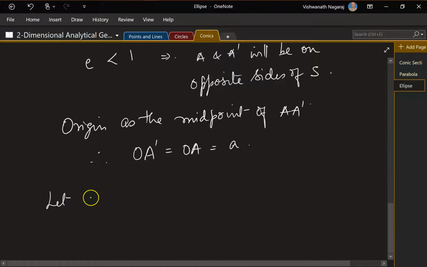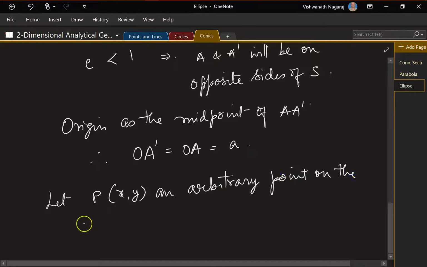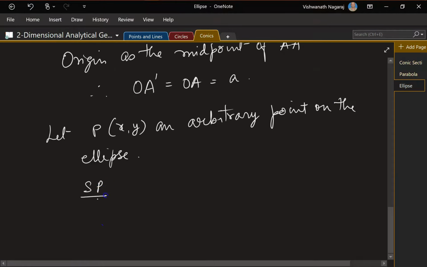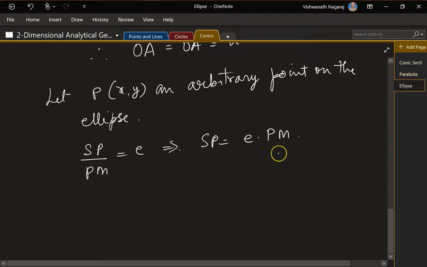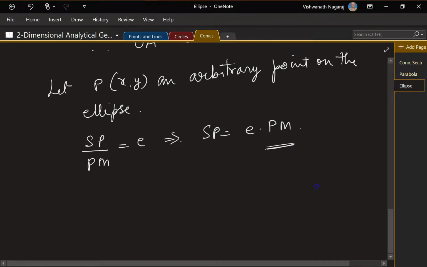Now, let's take an arbitrary point at x comma y, an arbitrary point on the ellipse. Now, SP by PM equal to E, which implies SP is equal to E dot PM. So let's keep this pending for the moment.